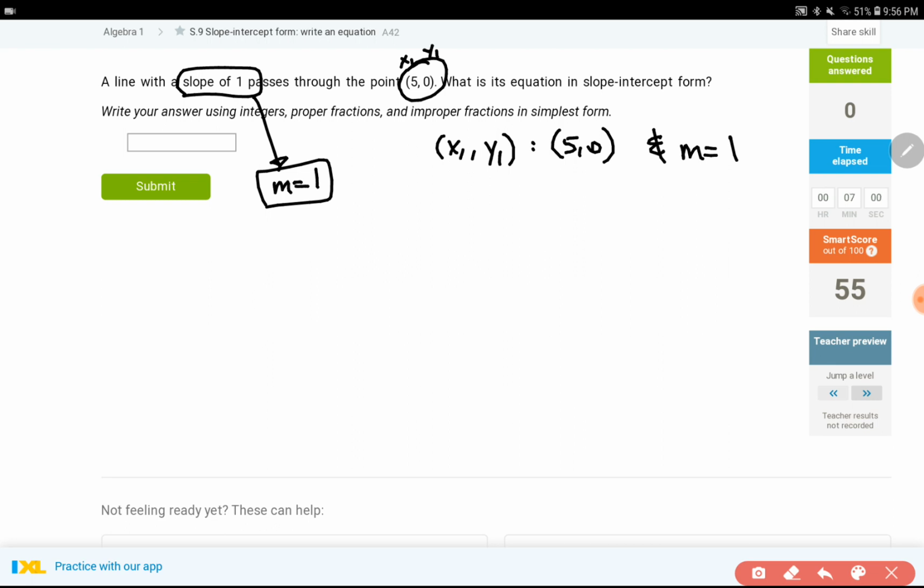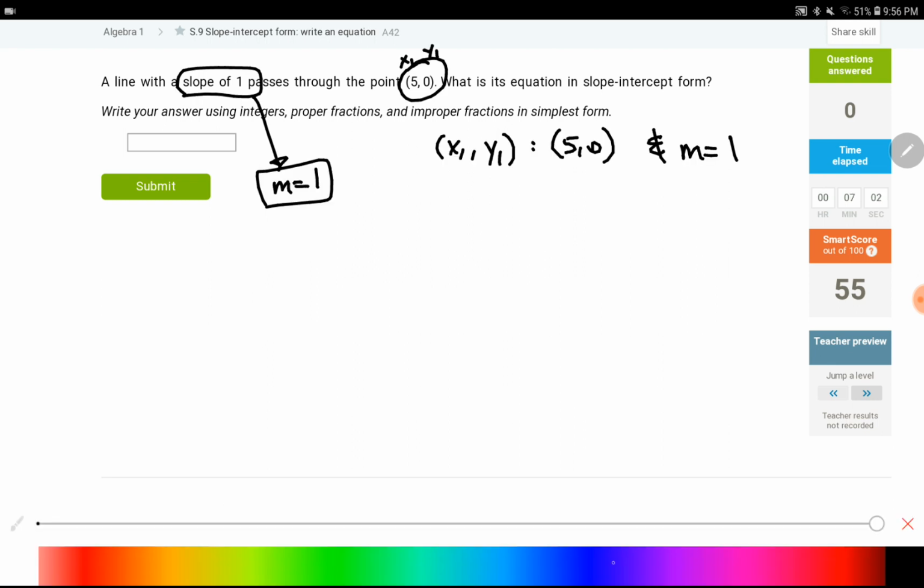If it says, write it in the slope-intercept form right over here, that's what it says. So our final equation is going to be like y equals mx plus b. This question is a little harder than the other ones. It's time consuming. Once you have the equations that you need, it just will take some time. Okay, so this is not our starting point. This is our end point.